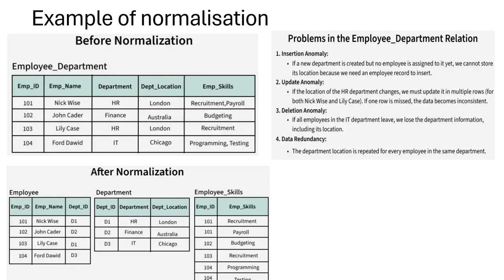So I have tried to give an example here of normalization. The first table is employee and department combined, and skills. So we have employees, their department, and skills combined in one table. You see that we are using only one table for the entire record.